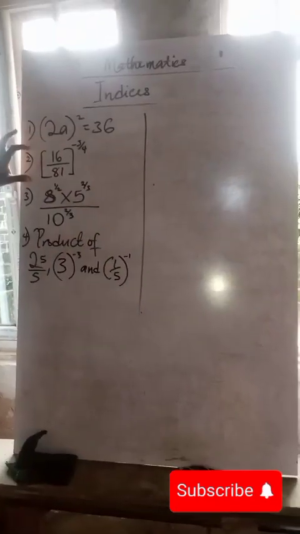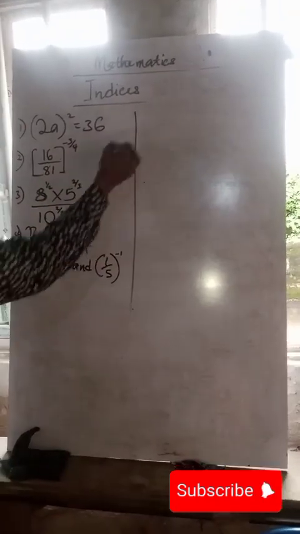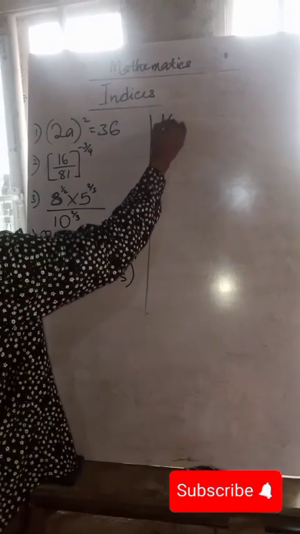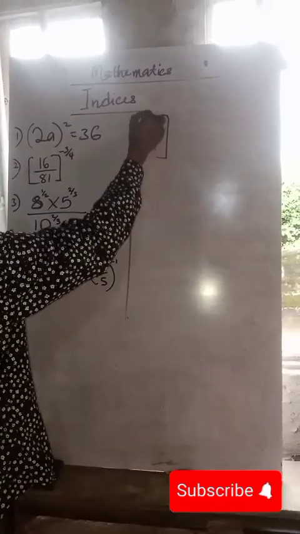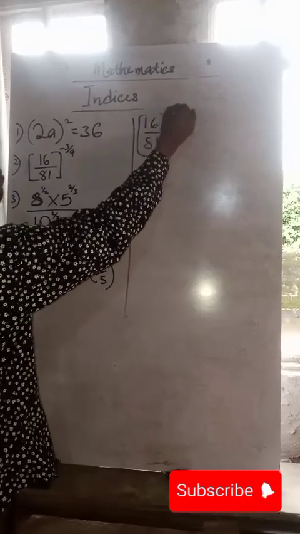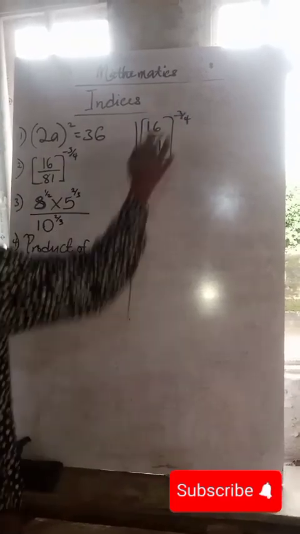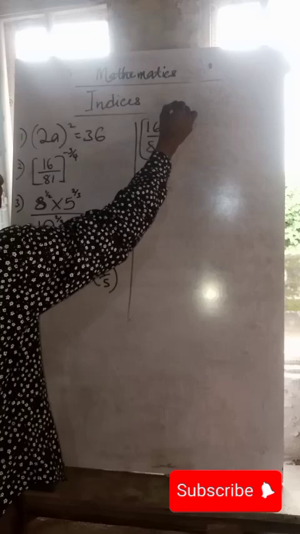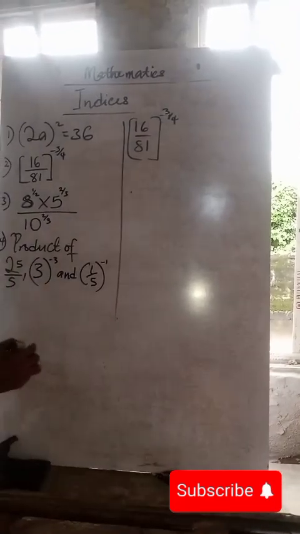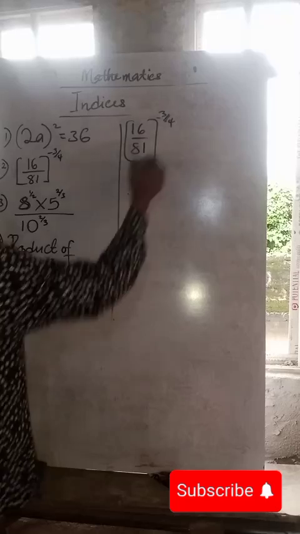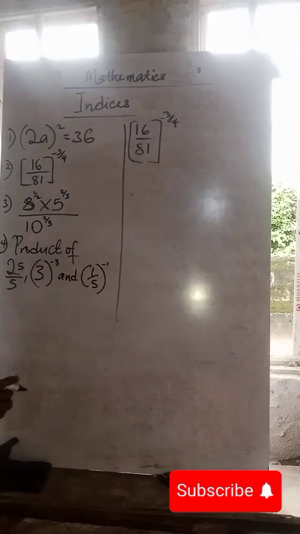Question number 2, we have that 16 over 81 raised to the power of minus 3 over 4. This is minus 3 over 4, please. So how do we work on this?